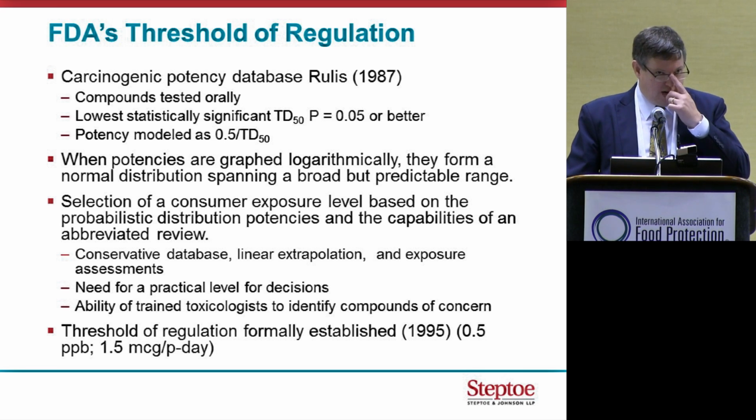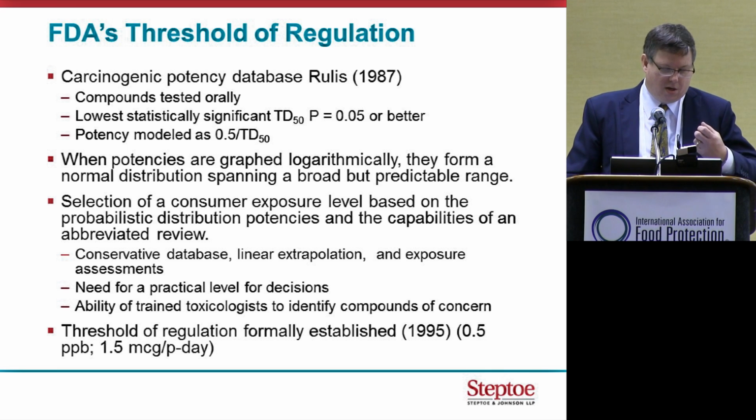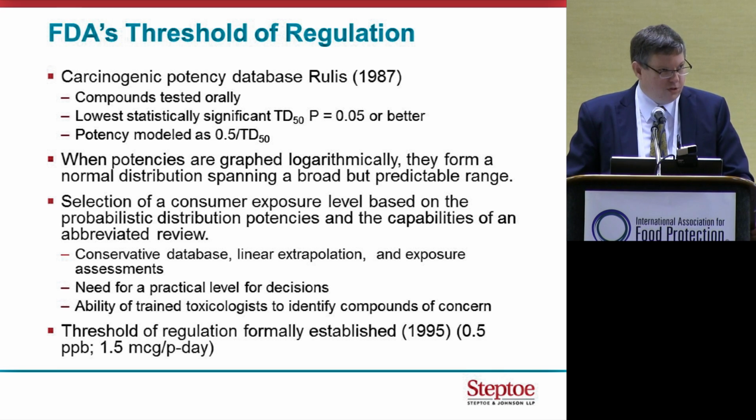And so there wasn't really any in-depth analysis of mechanism, or any other factors toxicologically. This was a worst case database, so to speak. And potency was modeled very simply as 0.5 over the lowest TD50.